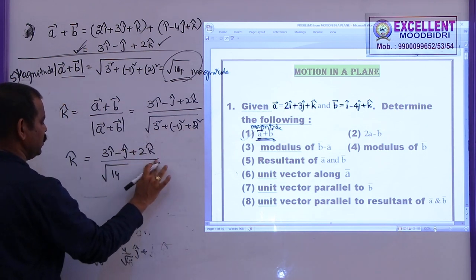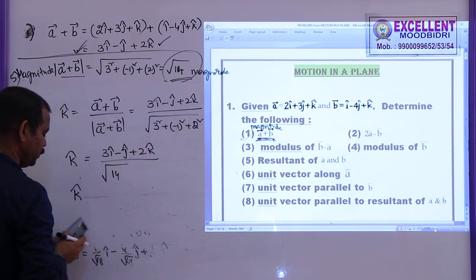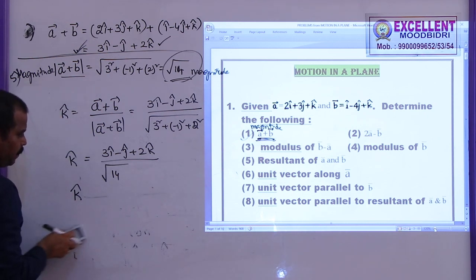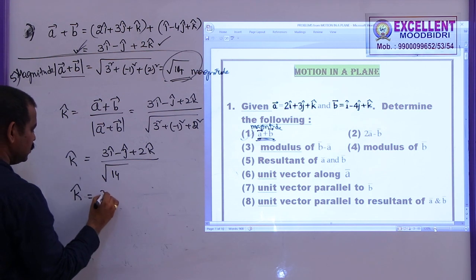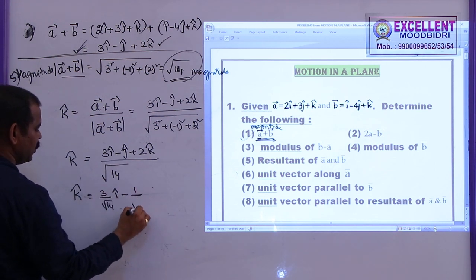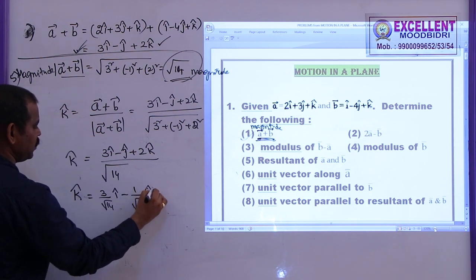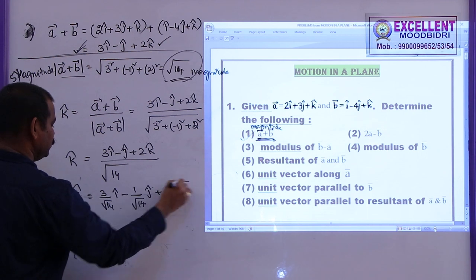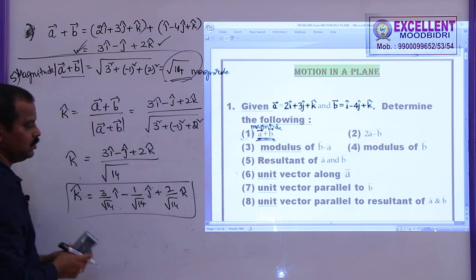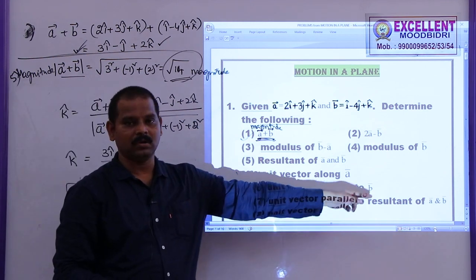So this is root 14. So the vector which is parallel to this one is given by 3 by root 14 i cap minus 1 by root 14 j cap plus 2 by root 14 k cap. So this is a vector which is a unit vector parallel to the resultant of a bar and b bar.